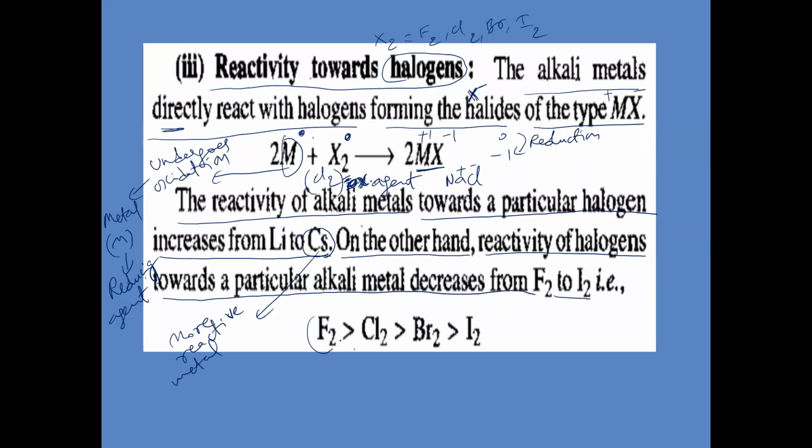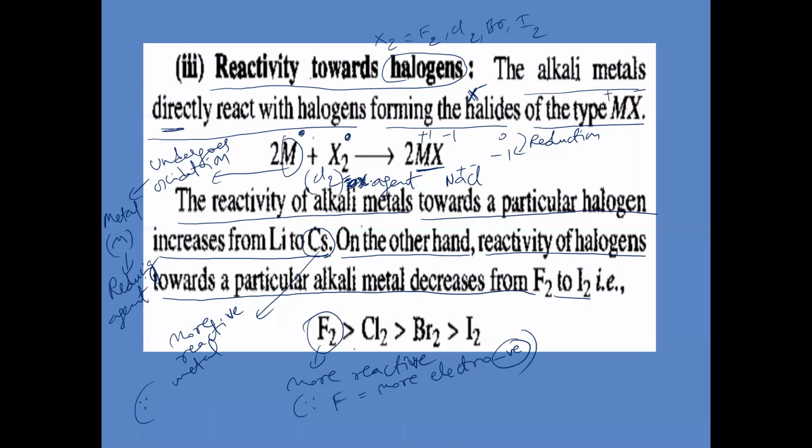Among the halogens, which is more reactive? Fluorine. Why is fluorine more reactive? Since fluorine is more electronegative. That's why it is more reactive.